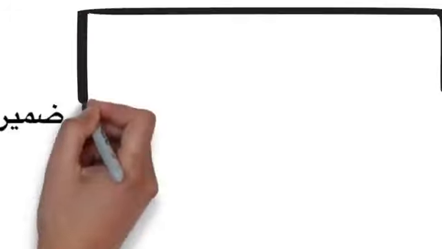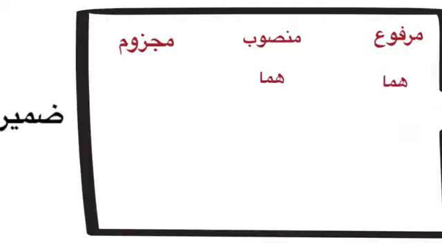There's another category, damir, where we need to know how to identify the duals. Again in damir we have marfu, mansub, and majroor. In the third person it's quite straightforward, because it's the same in all forms: it will be huma, for marfu, mansub, and majroor.